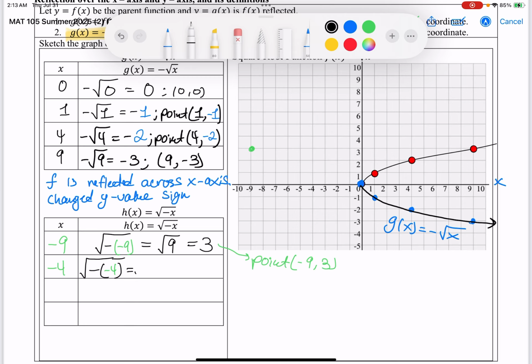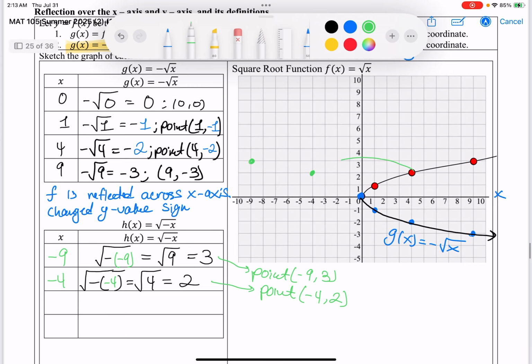Two negatives make a positive, so it's going to be the square root of 4, and the square root of 4 is 2. That's going to be the point -4, 2. X is -4, y is 2. Plot that there. And as you can see, we reflected it across the y-axis.